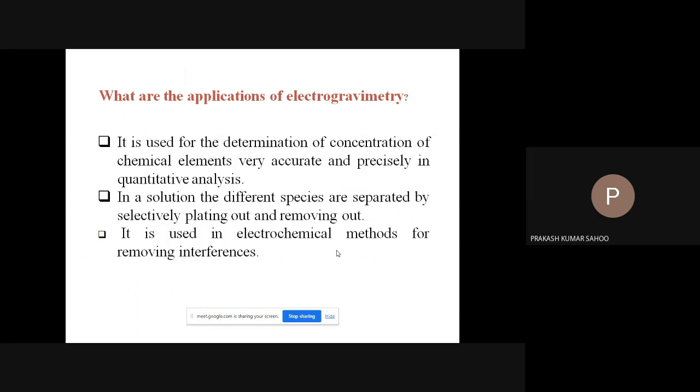It is used for determination of the concentration of a chemical element very accurately and precisely in quantitative measurement. In a solution, the different species are separated by selectively plating out and removing. It is used as an electrochemical method for removing interferences. So these are some applications of electrochemical methods.